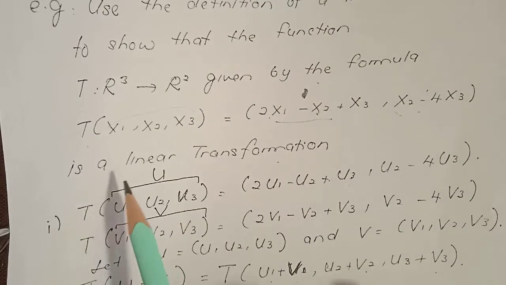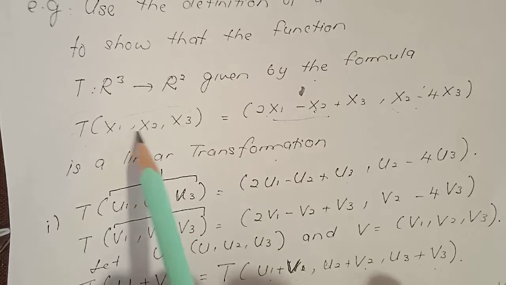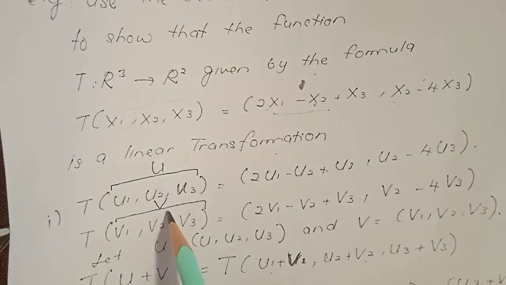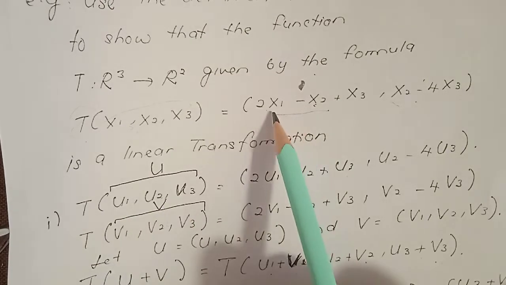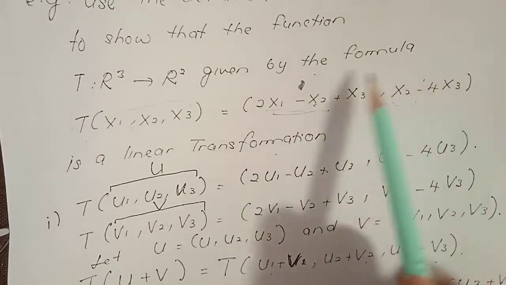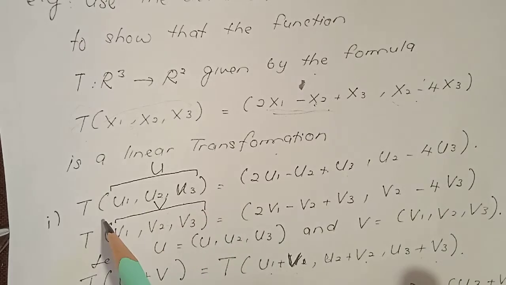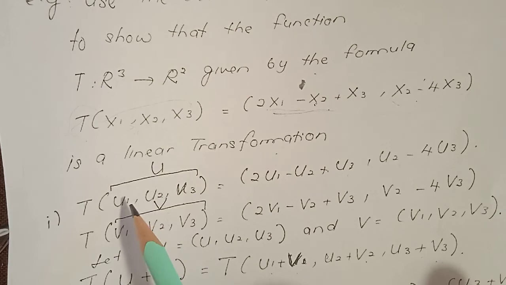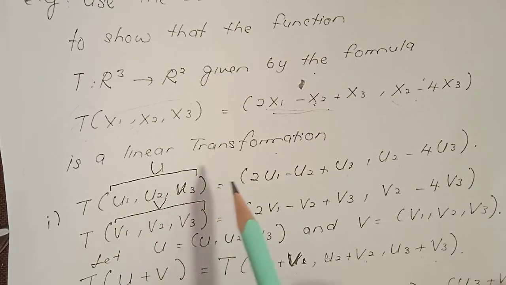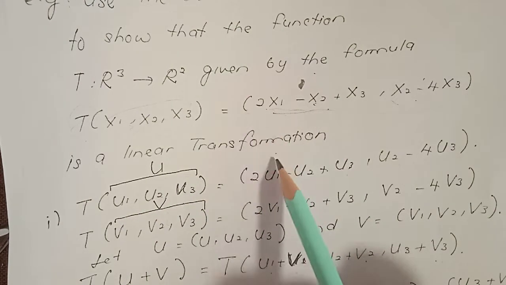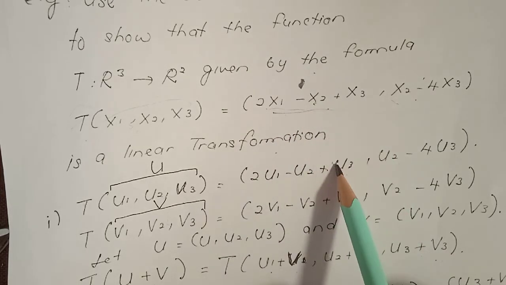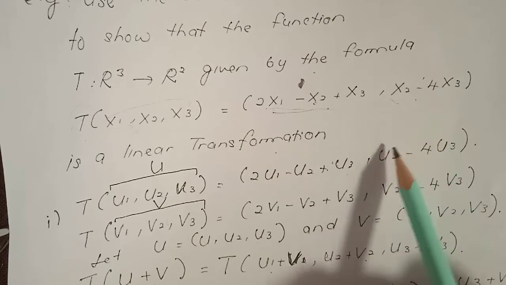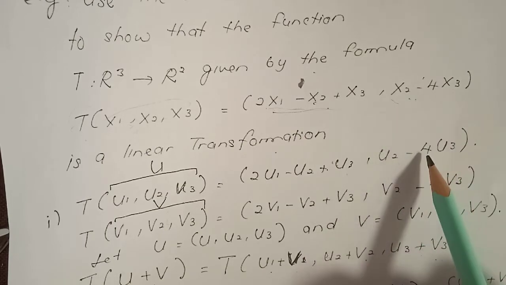Right, so let u and v be vectors in R3. T of u is found using this expression. So T of the vector u with components u1, u2, u3 is assigned to 2u1 minus u2 plus u3 as the first component, and the second component is assigned to u2 minus 4u3.